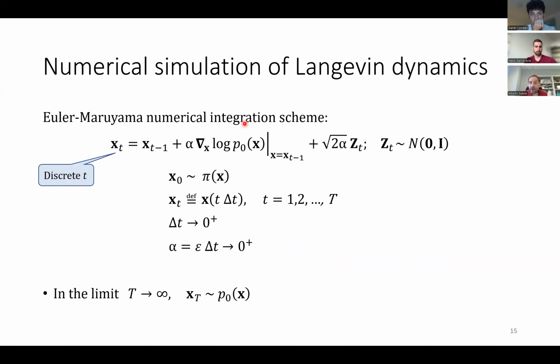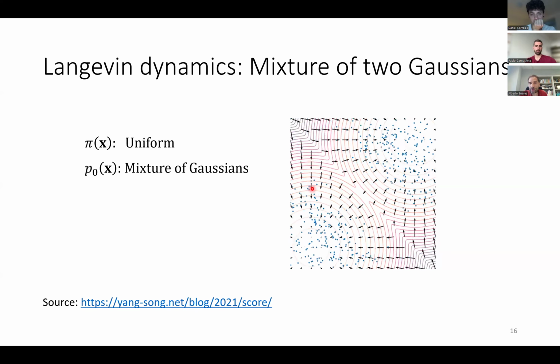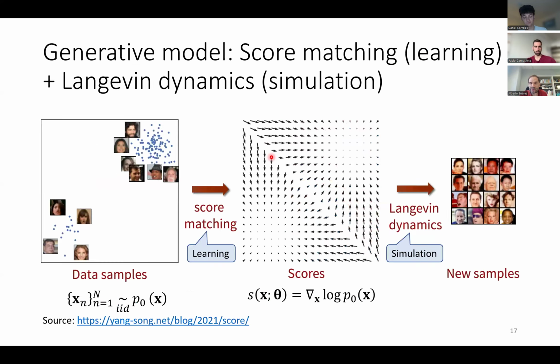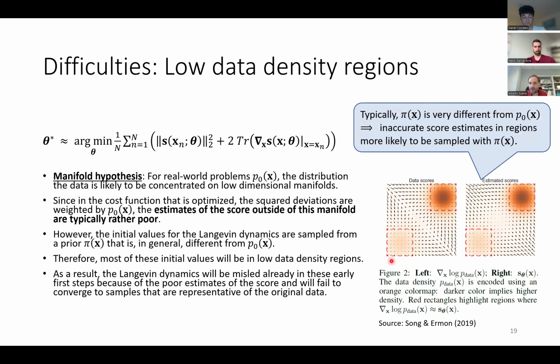But also, if I don't have P0, because here, of course, I calculate these arrows because I have P0. If I don't have P0, if I have a model and I want to estimate from the data, it turns out that in the regions where I should have more information, which is far from the modes, remember that I start with a uniform distribution in this square. So if I'm here, I would like to know what the score is to go to this mode here.